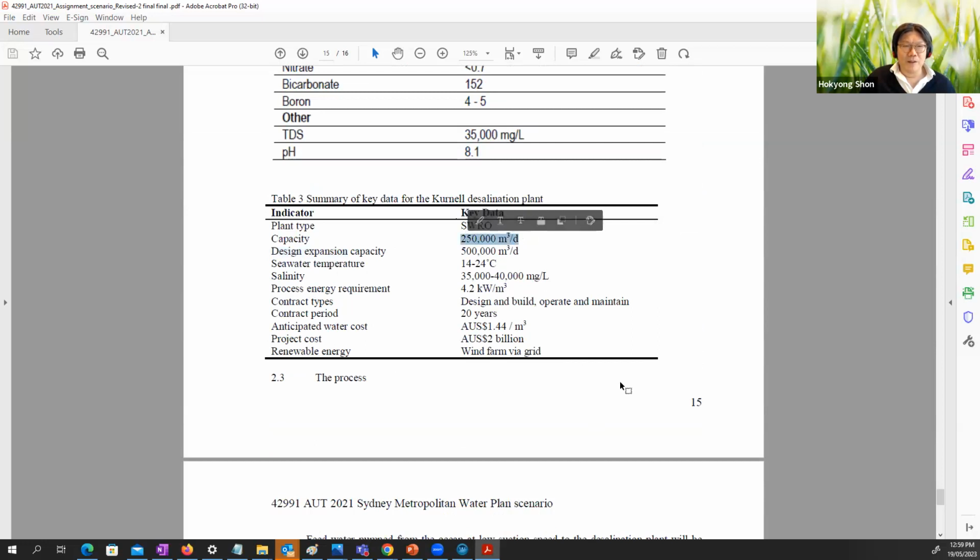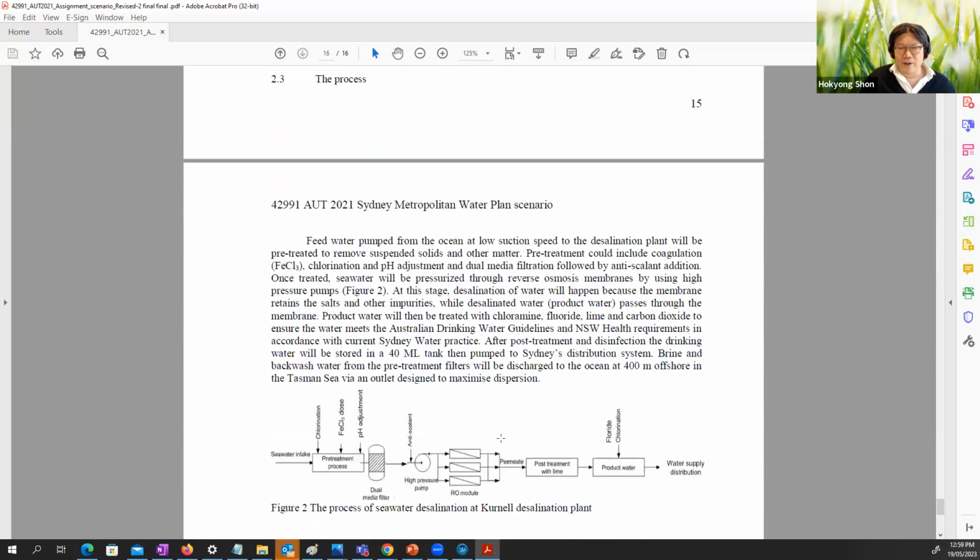Then recovery, let's say you want to have a recovery of 50%, which means your initial feed water has to be doubled. So 250 multiplied by 2 for a 50% recovery. So you need around 500,000 cubic meter per day of your feed water, and then after that you will produce the fresh water, 250,000 cubic meter per day.